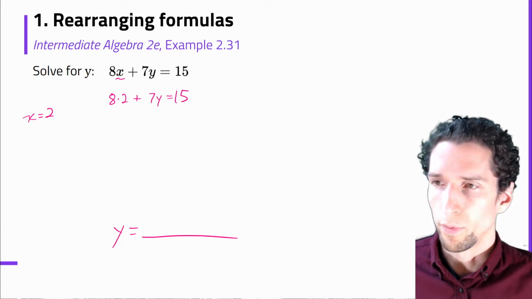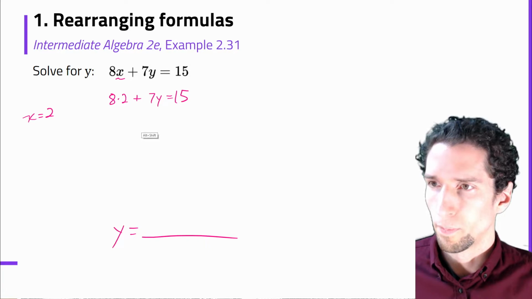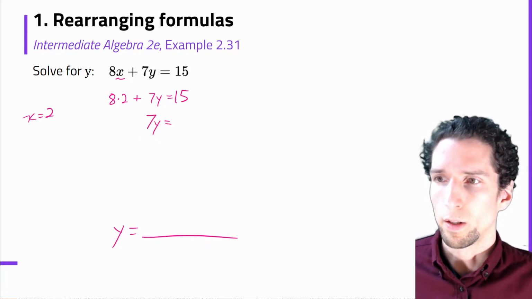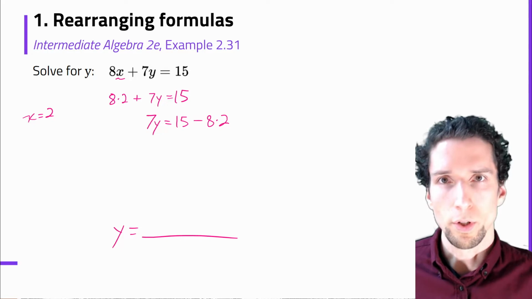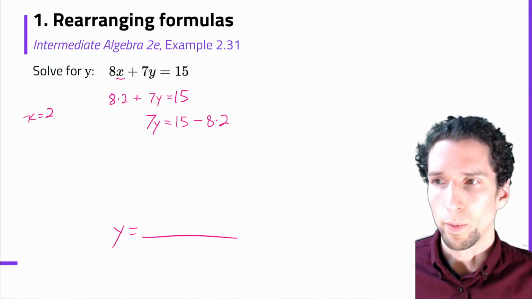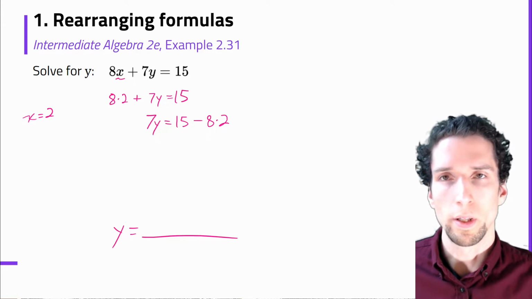So if we did that, we would have 7y on this side, and then on the other side we would have 15 minus 8 times 2. And then we would have the 7, which we don't want. We want to get rid of the 7, move it to the other side.